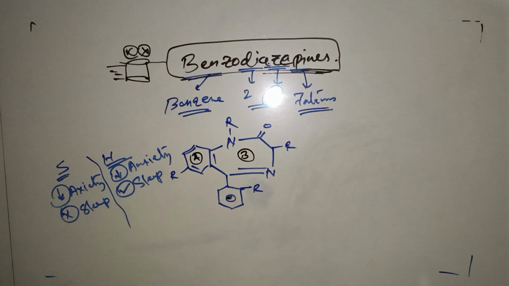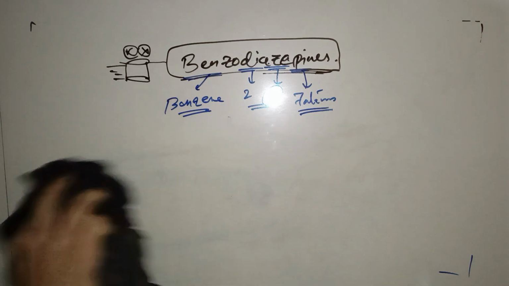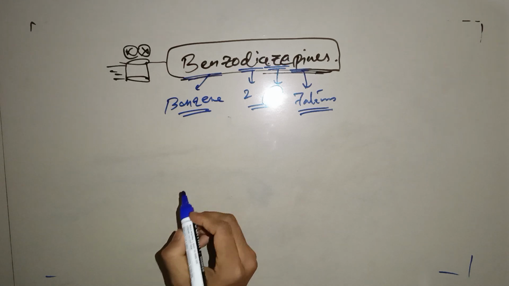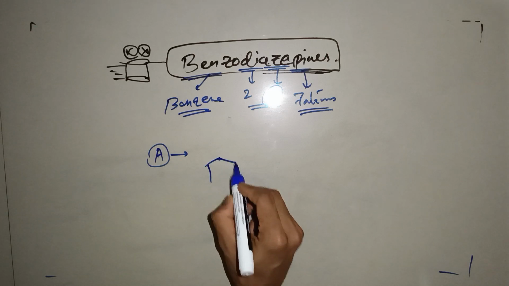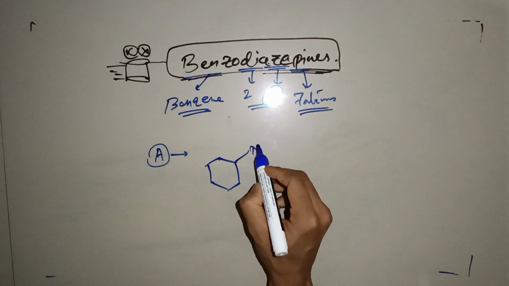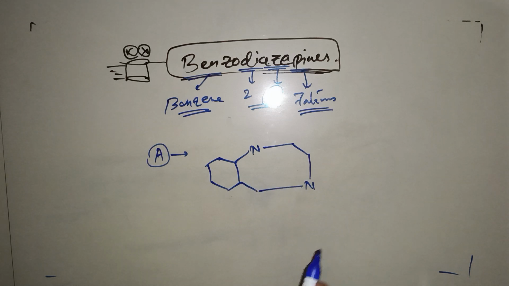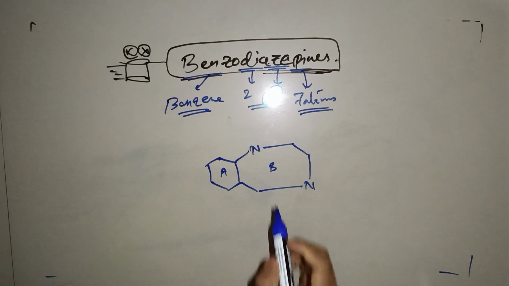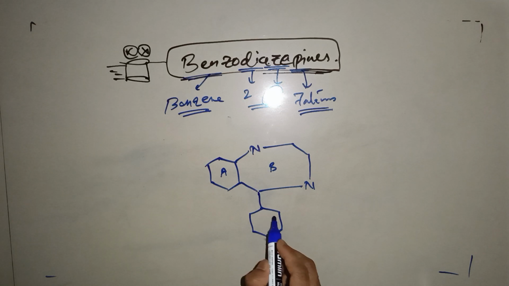Now we are going to see the SAR of the benzodiazepines. Before learning the SAR, first we have to learn the different cyclic structures present in the benzodiazepine. The first cyclic structure, A, is the benzene ring. This benzene ring is attached with the second ring B, that is the 7-membered ring. So this is B, this is A, and C is again another benzene ring.